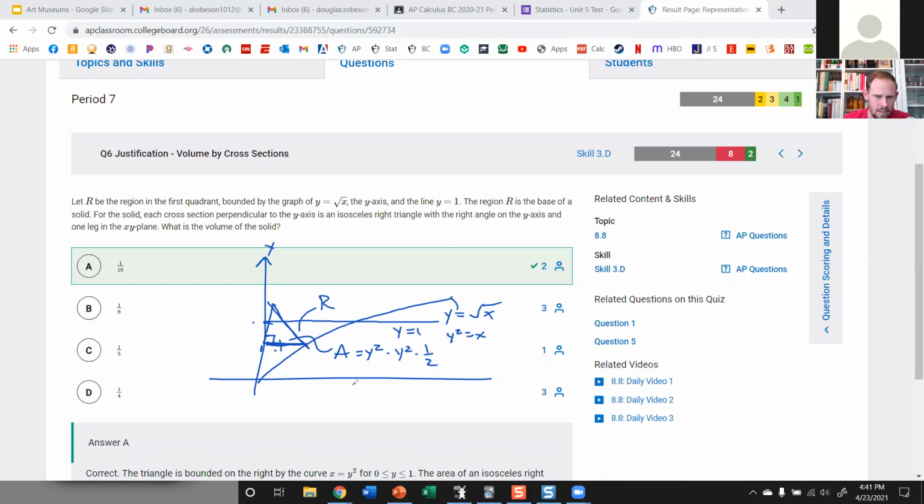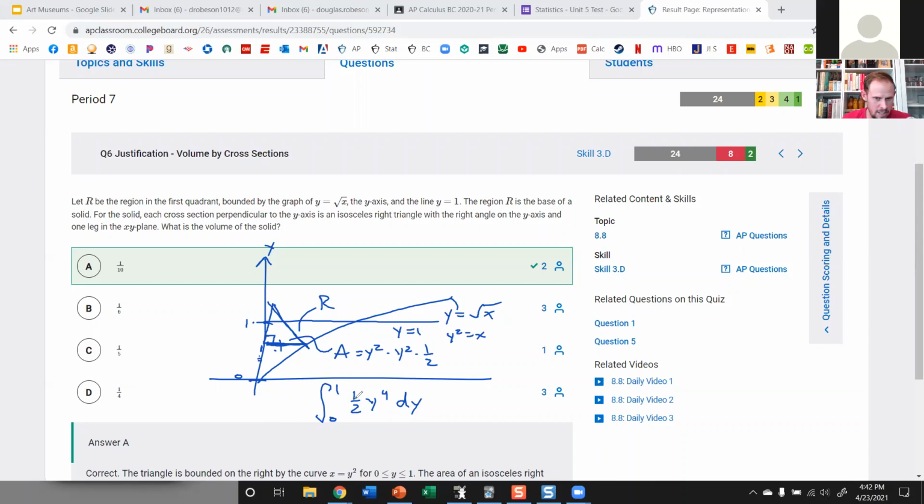All right, so what we would do then is integrate from 0 to 1 of this area function. That'd be 1/2 y to the 4th times dy, because our little widths are going up the y-axis. We've already got the 1/2 in there.